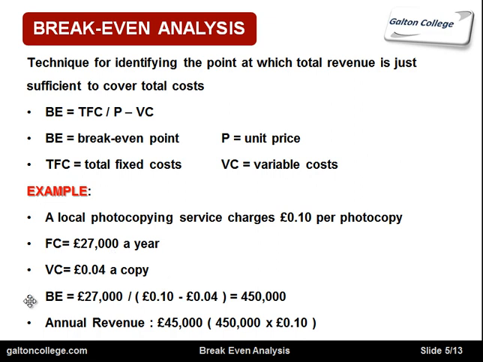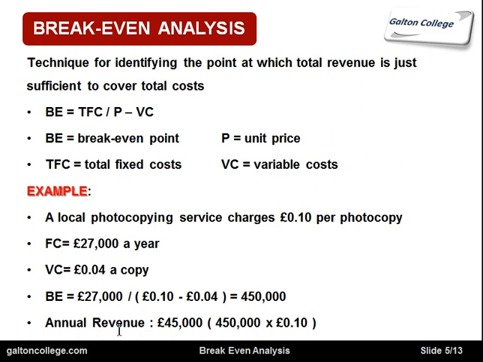Now, how many exactly must be produced is this one: 27,000, the fixed cost, divided by the 6p, 10p, the price minus the variable cost, which gives us 450,000. In other words, this business must photocopy 450,000 sheets of paper. If it does, it breaks even. It doesn't make a profit, it doesn't make a loss, it breaks even.